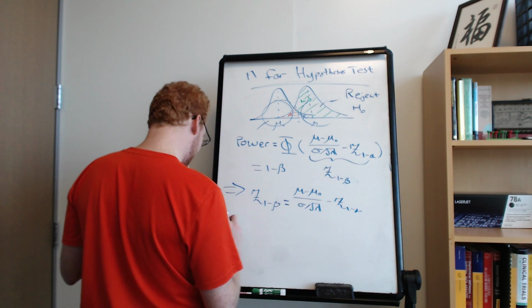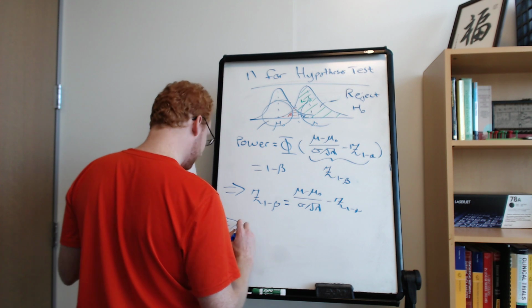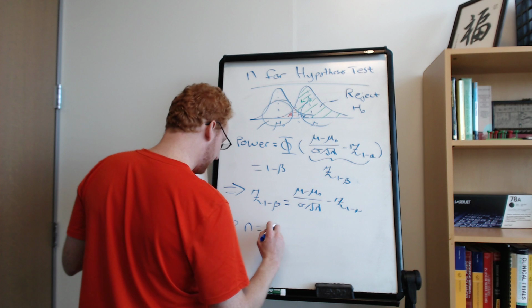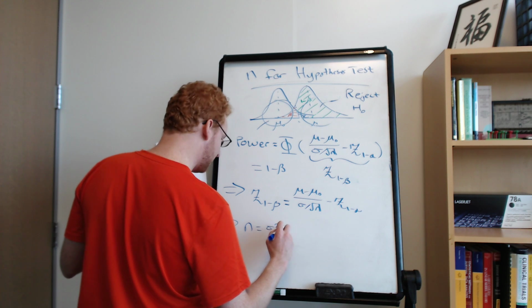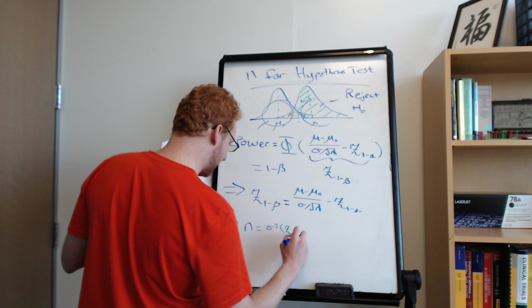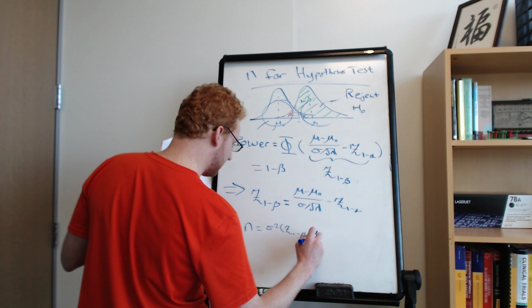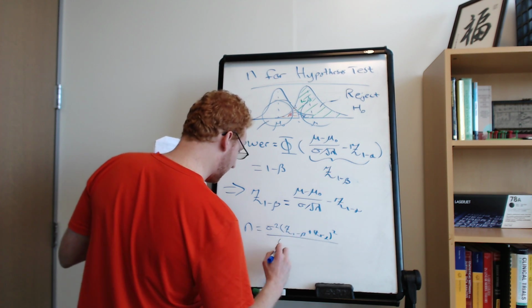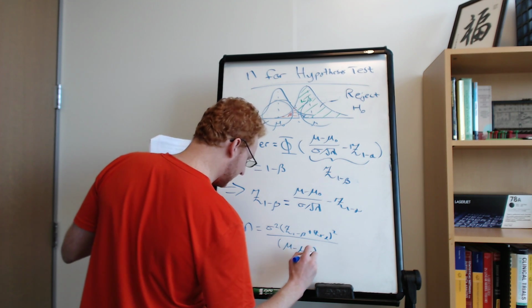We solve for n, that yields n is equal to sigma squared z of 1 minus beta plus z of 1 minus alpha squared over mu minus mu 0 squared.